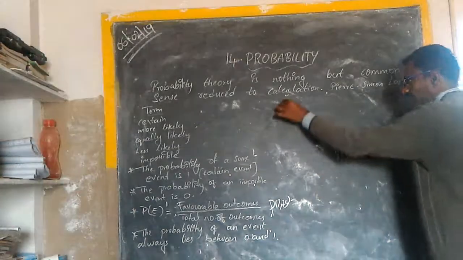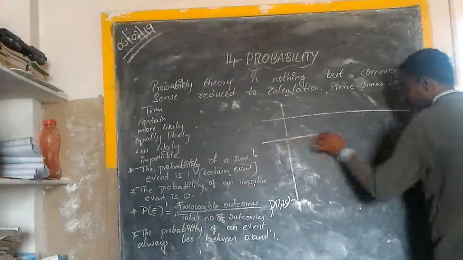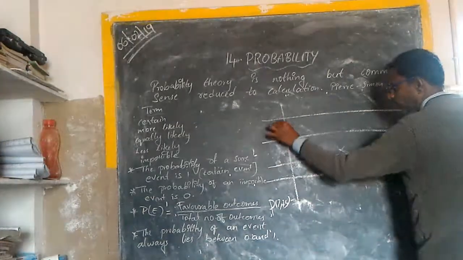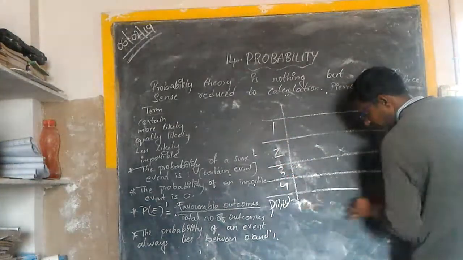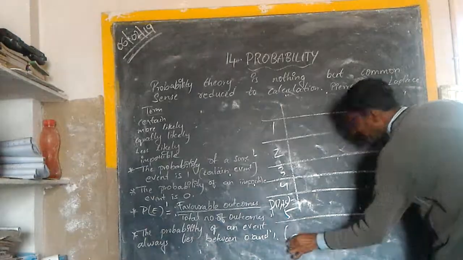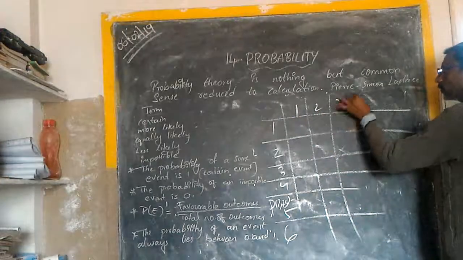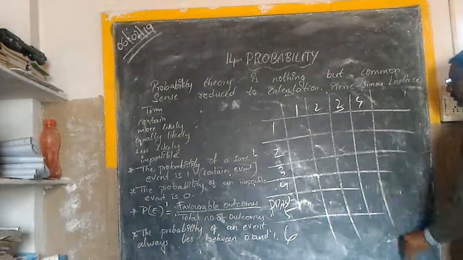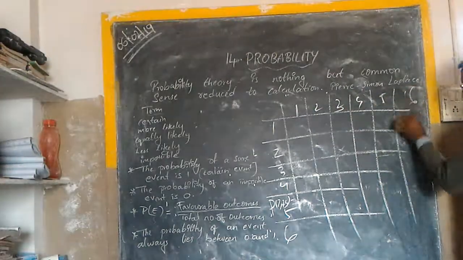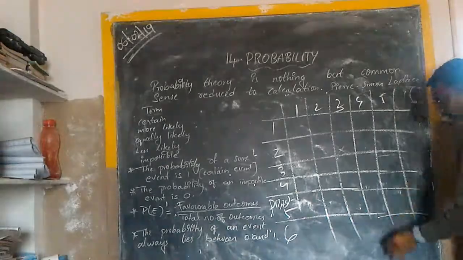We'll see with this example. Okay? 1, 2, 3, 4, 5 and 6. Here 1, 2, 3, 4, 5 and 6. See here, very very important.